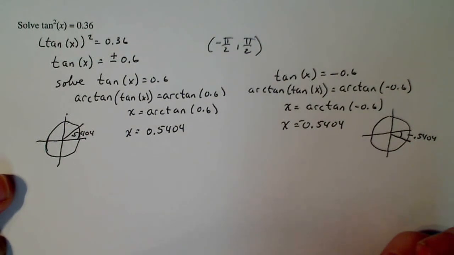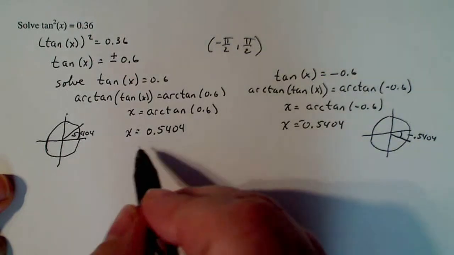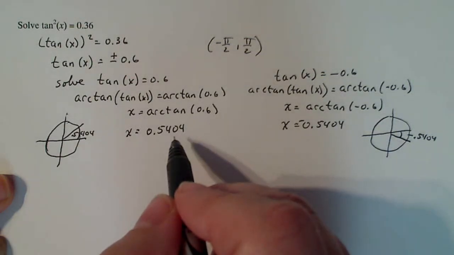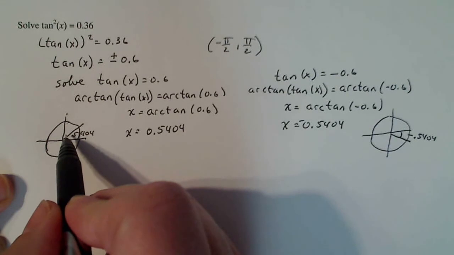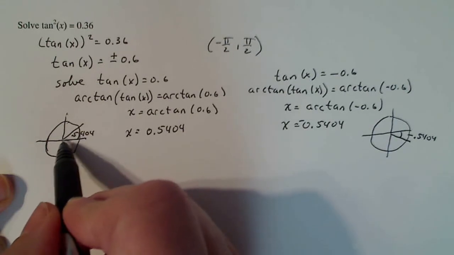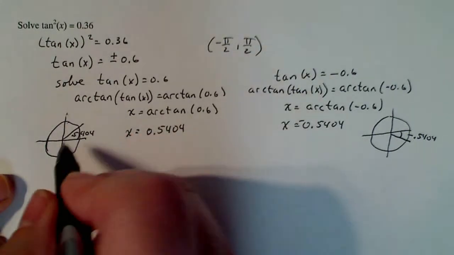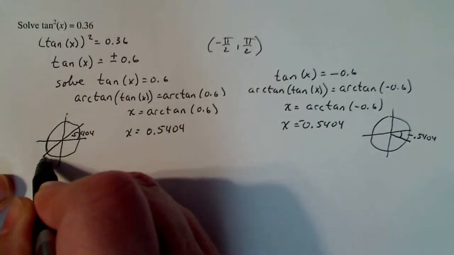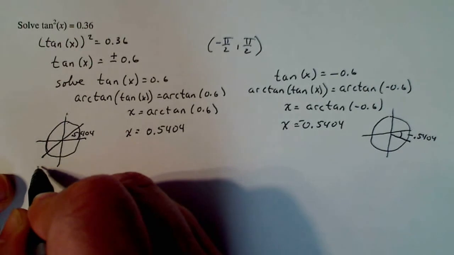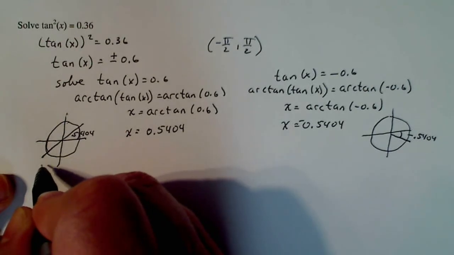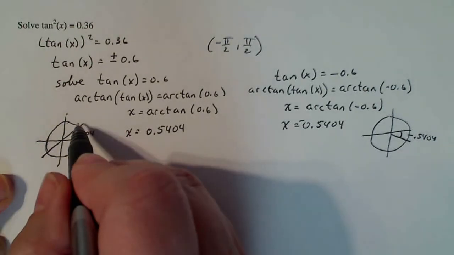So now, if I want to calculate all the possible values for x here that makes this true, there is another one where the tangent of 0.6 is going to be positive, and that's going to be in quadrant 3 right here. Because sine and cosine are both positive here, or negative here, and sine and cosine are both positive here.